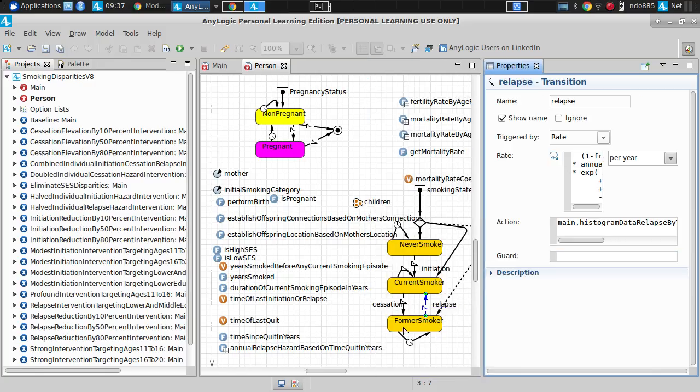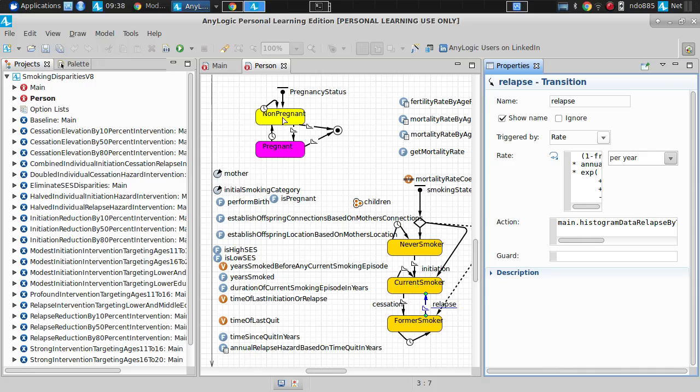So if they can stay quit for a long time, they're a lot less likely to fall back into smoking in the next year. If they've been quit for 30 years, they're very unlikely to fall back into smoking compared to if they've only been quit for 6 months. Okay? So this is a model of how a person might evolve, the current states they can be in, and how they might evolve between those states over time with respect to smoking.